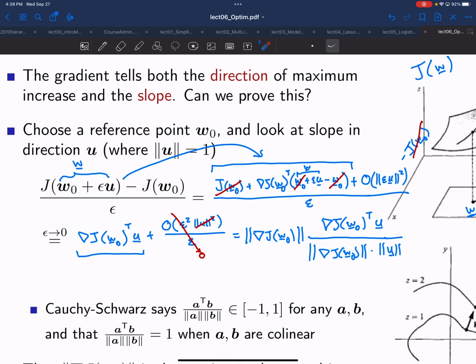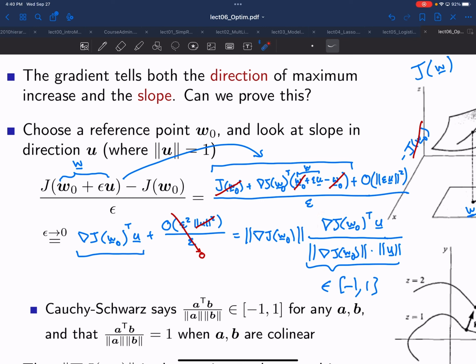So first of all, this thing is in the interval between -1 and 1. That means when you look at this directional derivative, the largest it can be is exactly the norm of the gradient. Furthermore, if you want the directional derivative to equal the norm of the gradient, that happens whenever u is pointing in the same direction as the gradient itself.